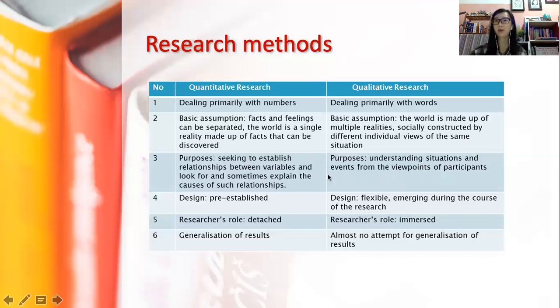So instead of trying to find the cause and effect relationship of online learning and achievement, if you do qualitative research, you would like to know what the students think or feel about online learning and whether they think that it has anything to do with their achievements. So we have the same variables here, online learning and achievement, but two different perspectives.